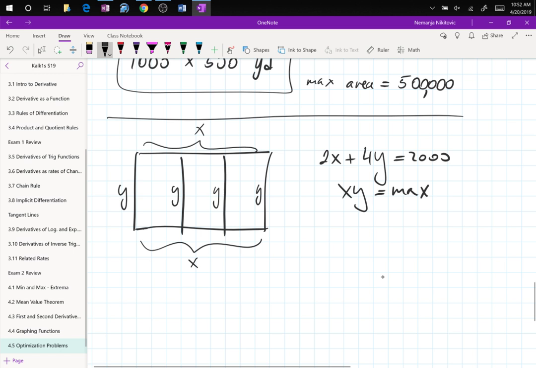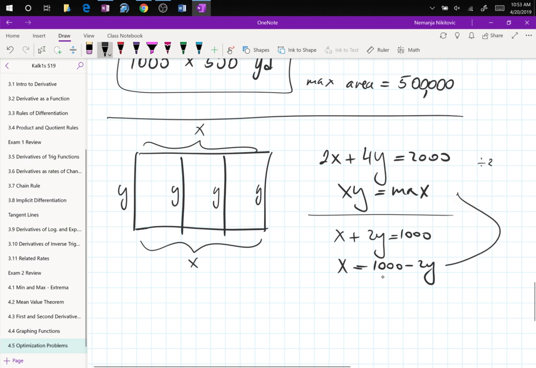Guys, any problem that we do, even when we move away from the farmer in the next problem, you're still going to have the same approach. You solve one equation. Well, you divide by 2 first. So x plus 2y is equal to 1,000 now. And you solve for x, 1,000 minus 2y, and then you plug in. All of these problems are going to be exactly the same for you to solve.